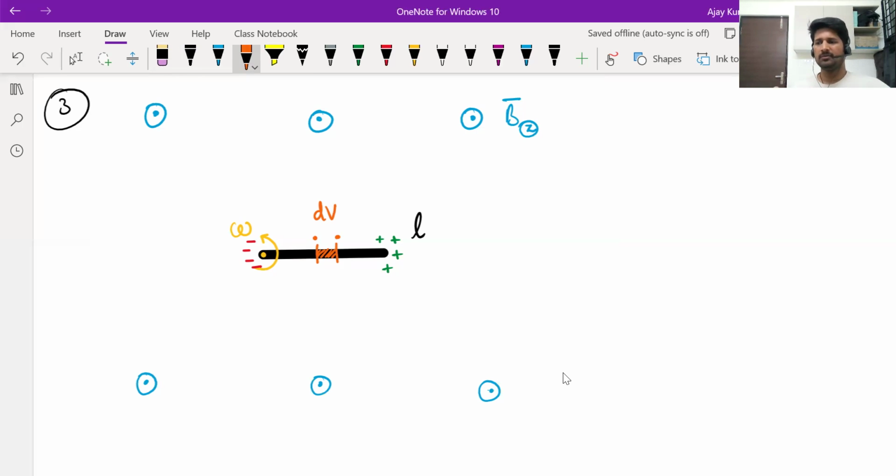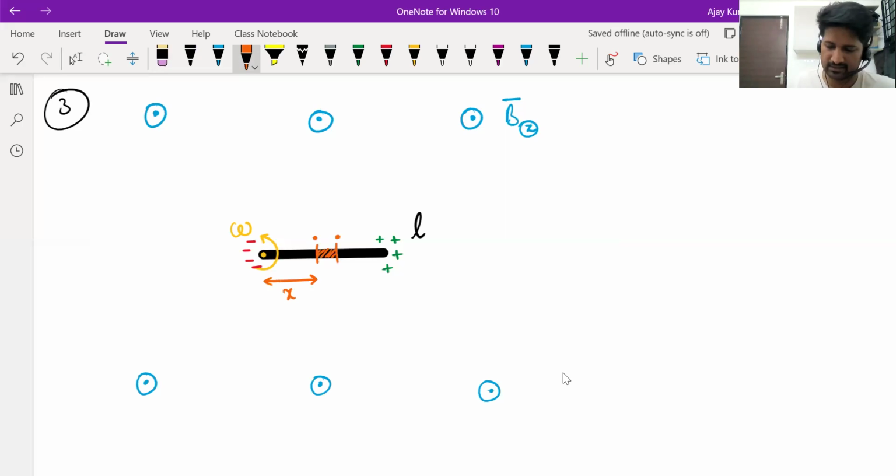Because the problem here is that different elements of the rod move with different velocities. So we'll take one element, we'll find out the potential difference for that one element, and we'll integrate that. You'll get the potential difference for the entire rod. Okay, this one element, let's say it is at a distance x from the axis of rotation.